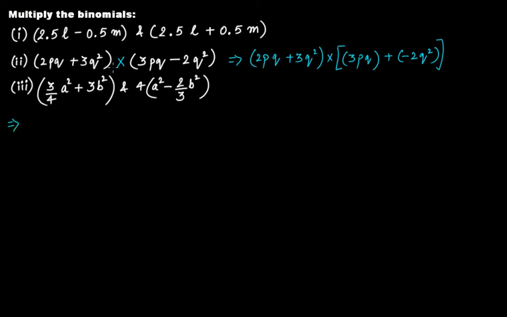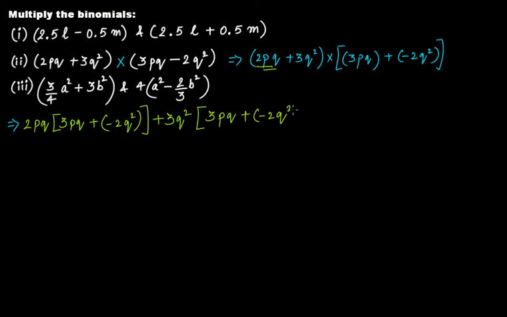Okay, now this is 2pq, so 2pq multiplied by 3pq plus minus 2q squared, then this is plus 3q squared, and this is 3pq, this is plus minus 2q squared.